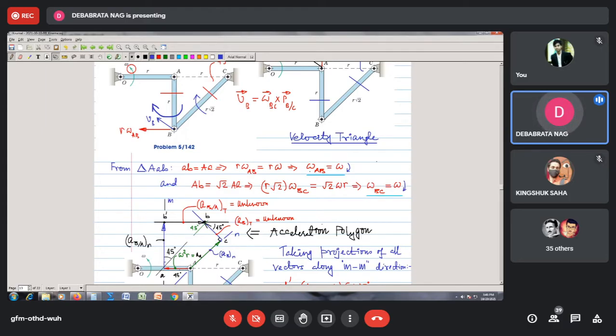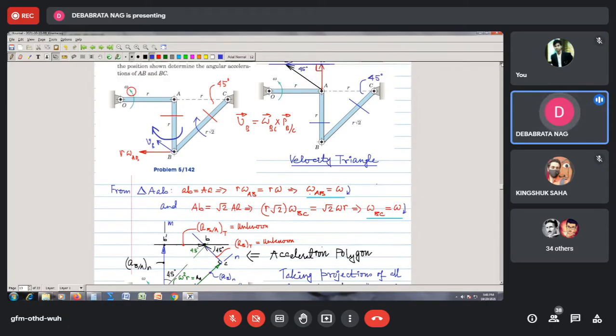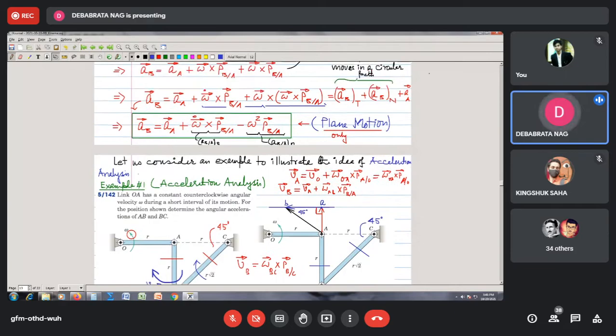Now after drawing you need to think what other acceleration things you know. If you come to this acceleration equation, now I will be applying this equation between the points A and B in the connecting rod.